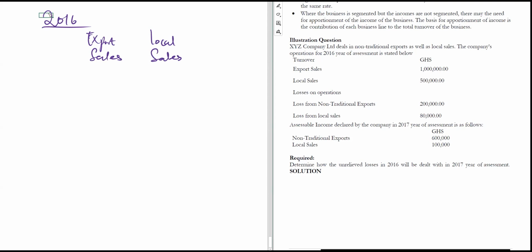So in 2016, this company had turnover from export sales and local sales, and they had losses from operations. At the end of the year they had a 200,000 loss and an 80,000 loss.